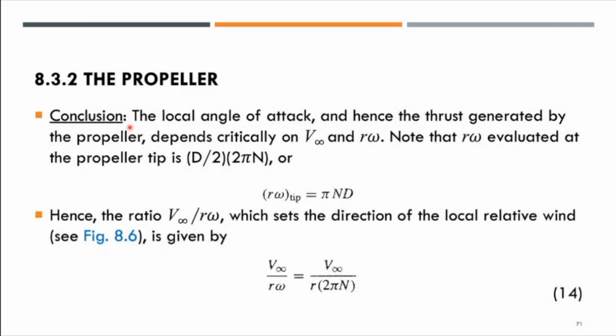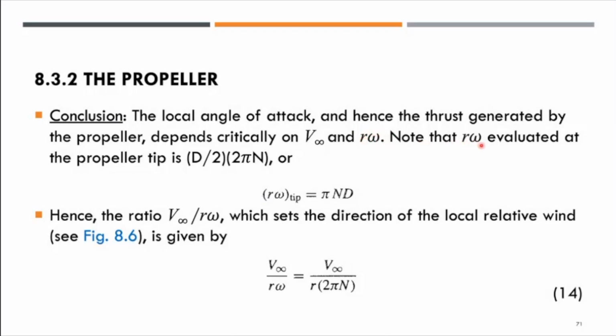In conclusion, the local angle of attack, and hence the thrust generated by the propeller, depends critically on the free stream velocity, whether it is high or low, as well as the radial distance and the angular velocity.